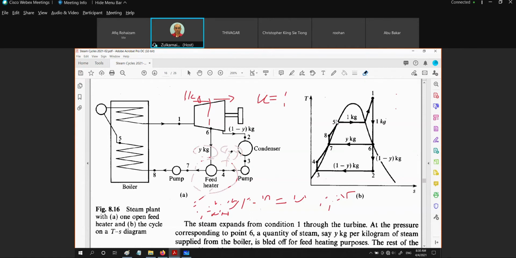Okay, all the enthalpies have been solved, but there's one parameter that has not been solved, which is the Y, the amount of bled steam. Right? So let us look at the energy balance of this feed water heater in order to determine the Y value.